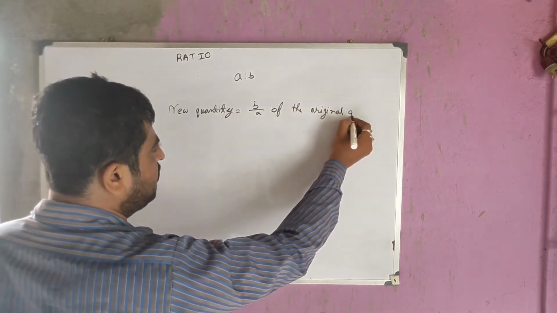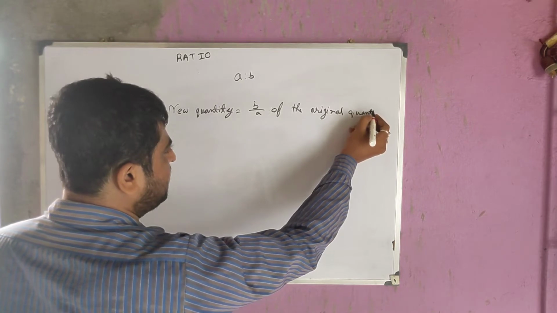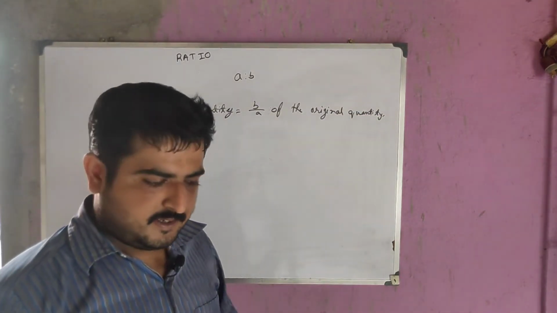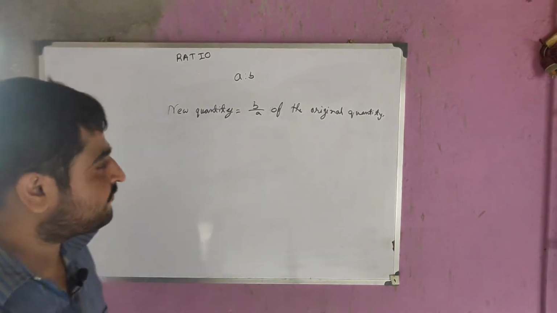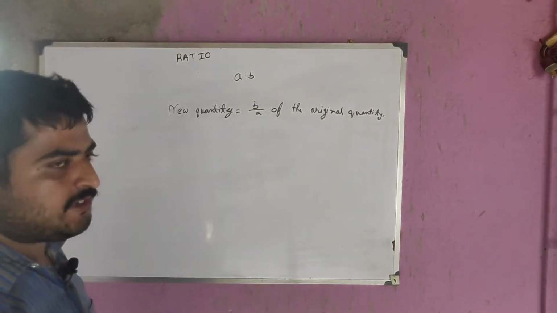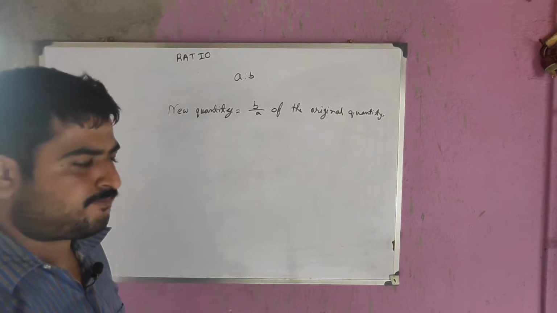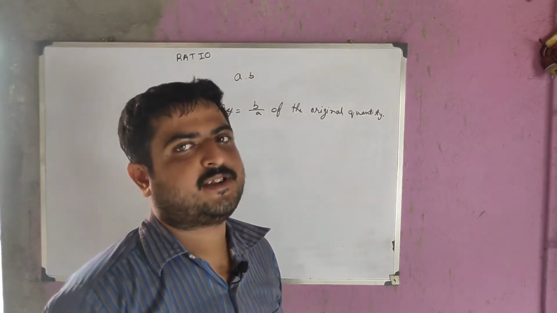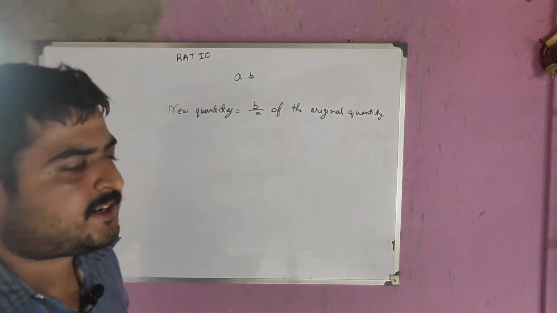Let's say someone's salary is increased in the ratio 3:4 and his original salary is 9,000. Then what will be his new salary?